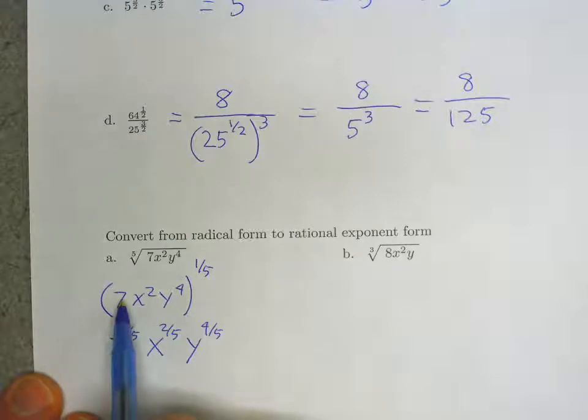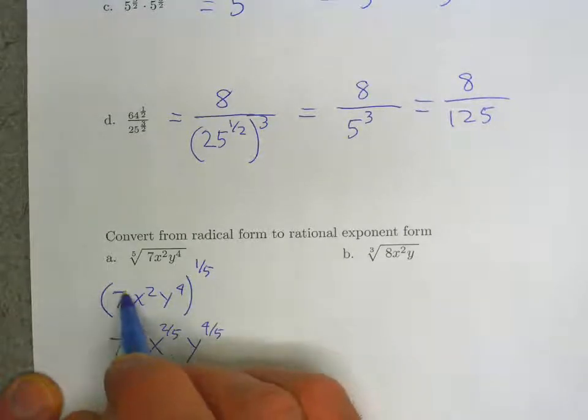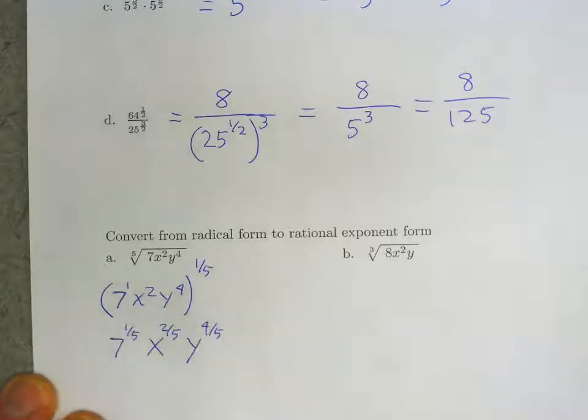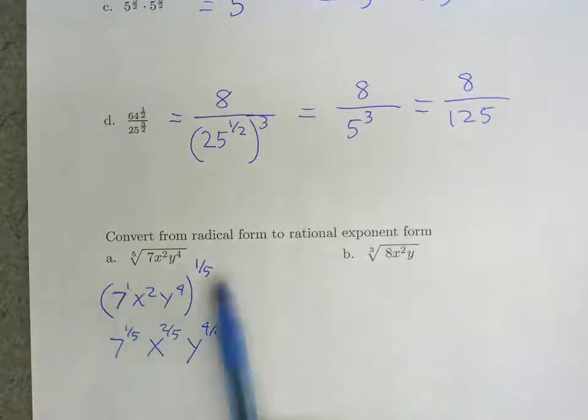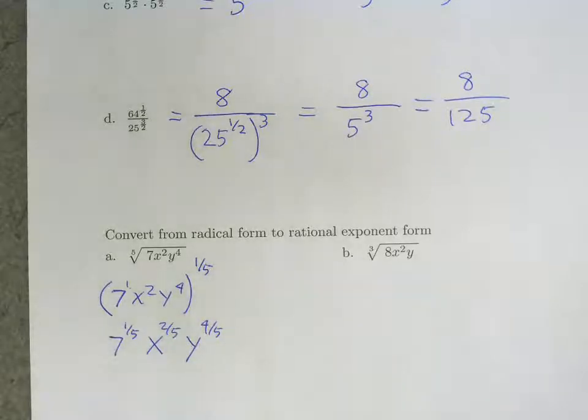So it was assumed, which is a correct assumption, that 7 can be written as 7 to the first. So when we multiply exponents, we multiply 1/5 times 1 to get 7 to the 1/5.